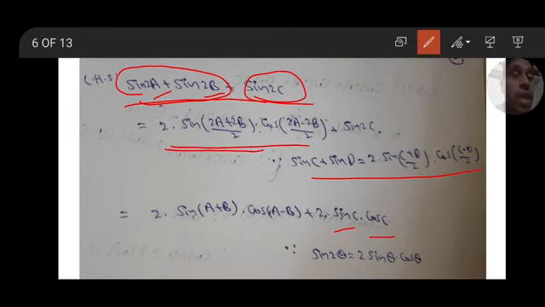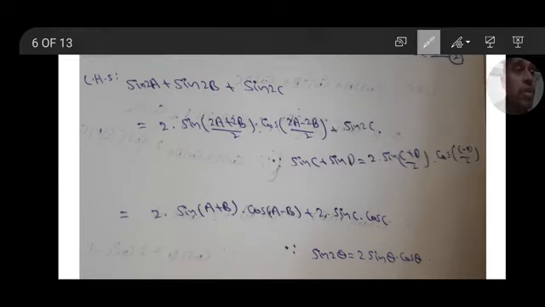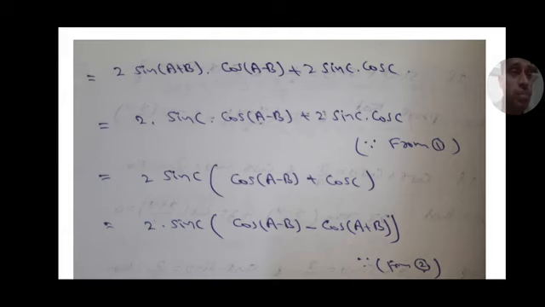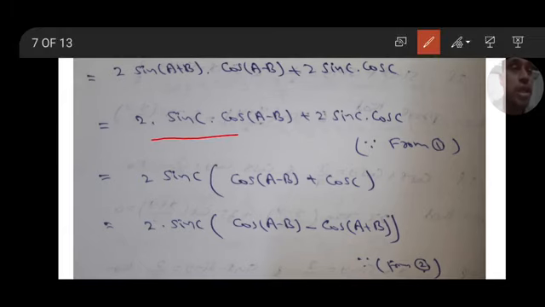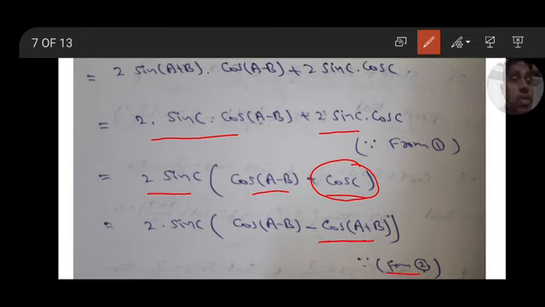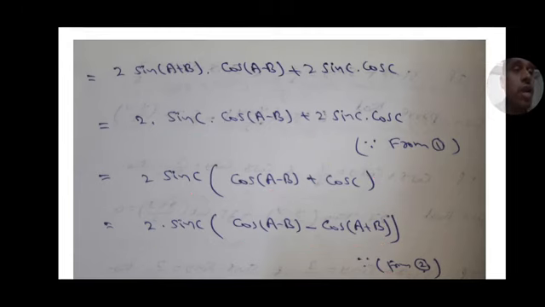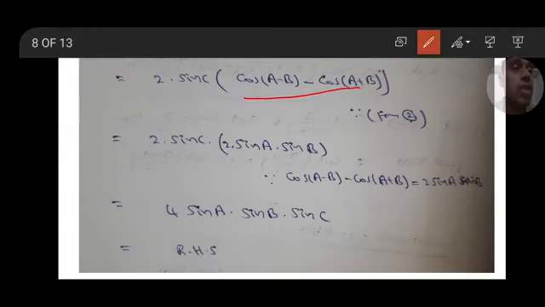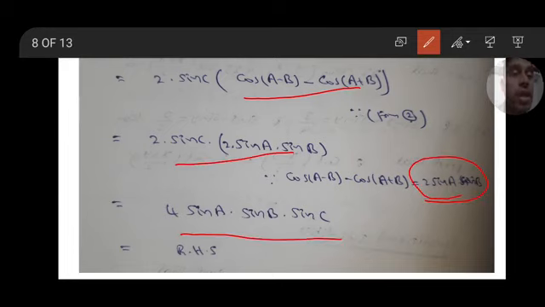Simplifying, I am replacing sin of (a plus b) by sin c using equation 1, and 2 sin c is common from these two terms, and we get cos of (a minus b) plus cos c, and this cos c is replaced by using equation 2. This is minus cos of (a plus b). So 2 sin c into cos of (a minus b) minus cos of (a plus b). This is the formula: cos of (a minus b) minus cos of (a plus b) equals 2 sin a sin b. Substituting and multiplying, we get the resultant expression for sin a sin b sin c.